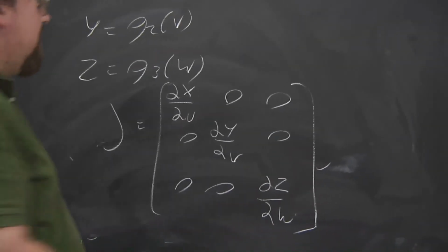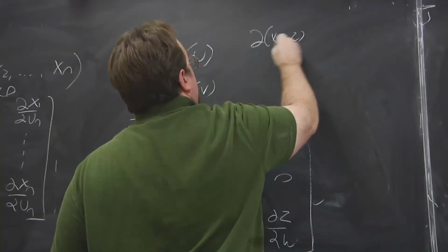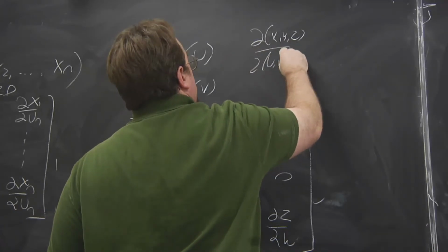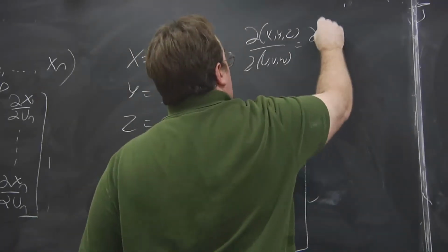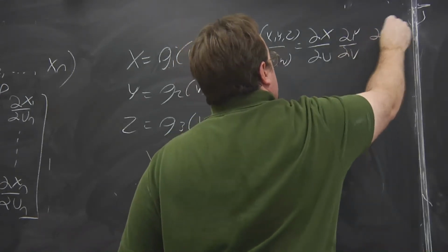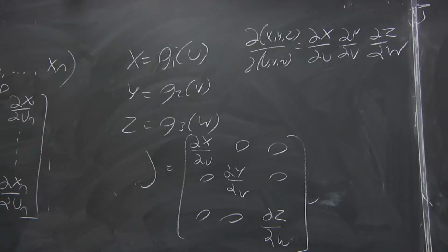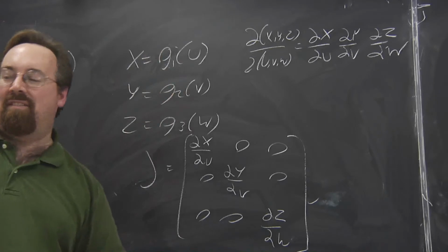So it turns out that the Jacobian of the coordinate change is just a product of these partial derivatives. Just because you have a case where you're changing 3 variables to 3 variables doesn't mean that you're going to have some terrible ordeal computing a 3 by 3 determinant. It could work out as nicely as this.